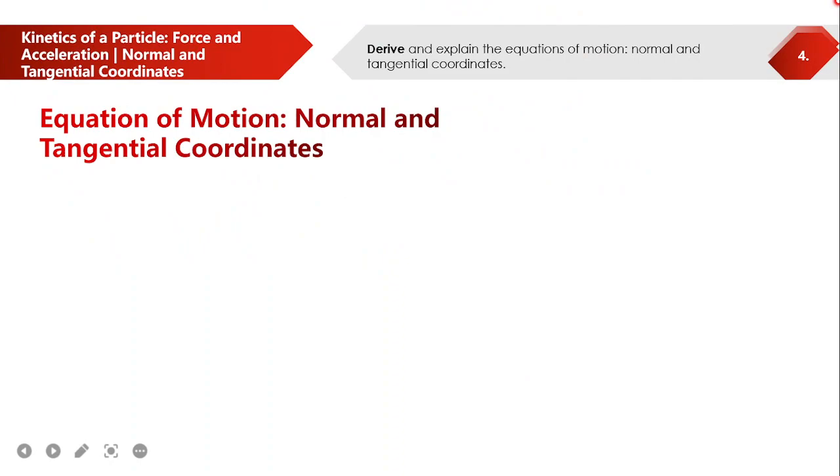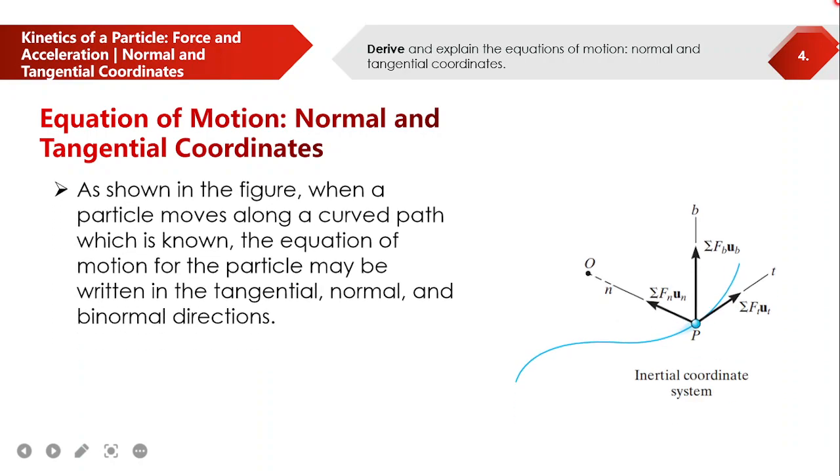So, equation of motion, normal and tangential coordinates, is likely familiar to you, because we already tackled this in our lessons on curvilinear motion and rotation about a fixed axis. And we did discover that there are normal and tangential coordinates if our body is moving in a curve, or circular motion. So, these exist.